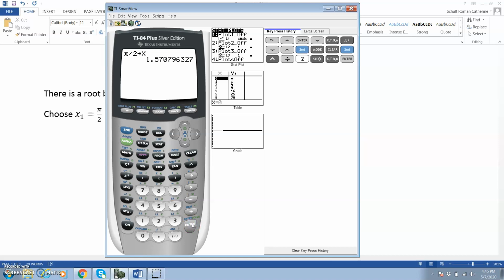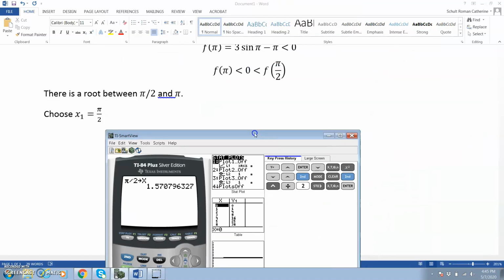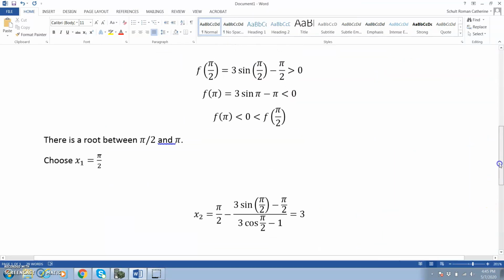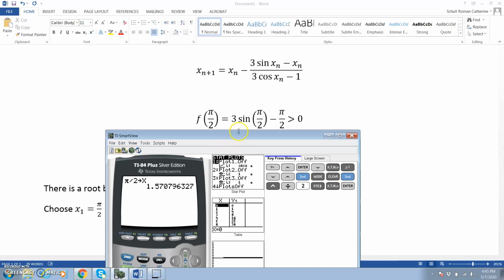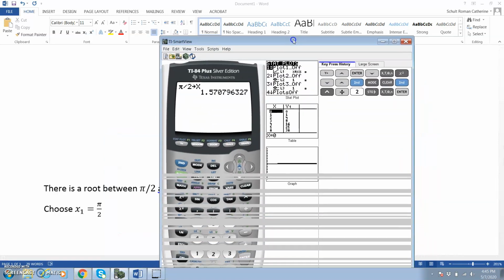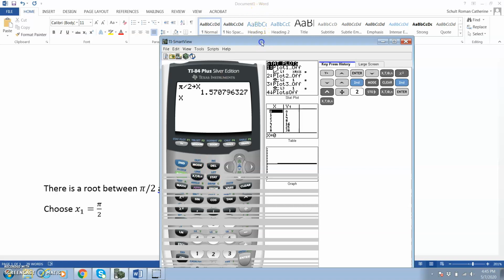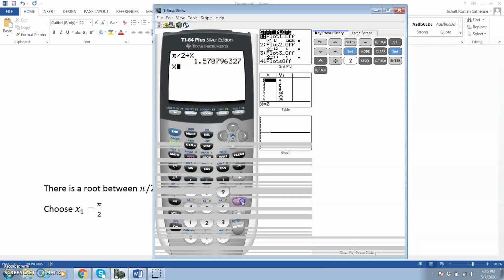Okay, and then I'm going to type in that function for xn. This one at the top. I'm going to do x minus, hold on. Let me just try to clear everything.